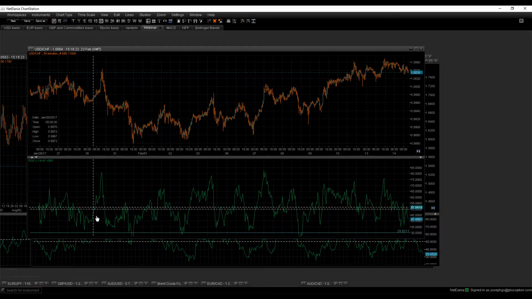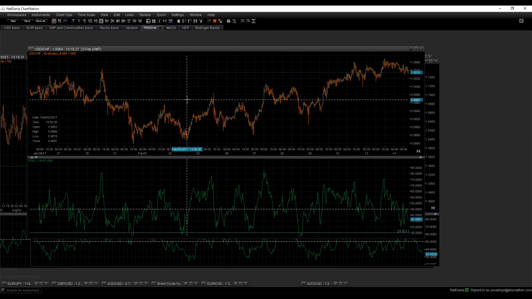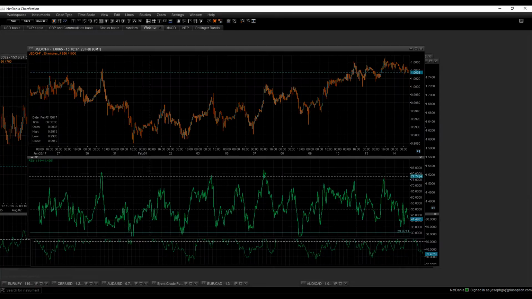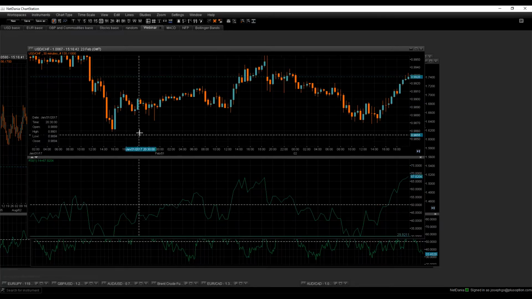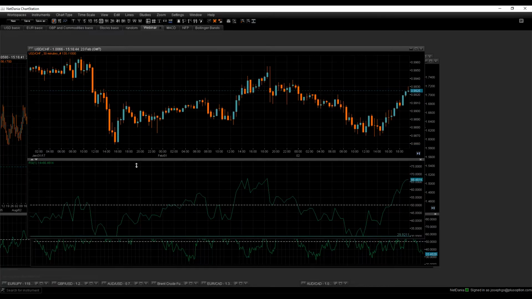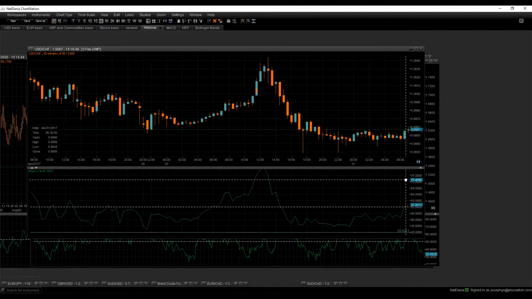So let's start with an oversold example. And you'll see I've drawn a line here right on the 30, just as a visual aid, just the same way as we would draw the line on the chart. Okay, so let's go back now and see if we can find some opportunities. So now, just give me a moment.